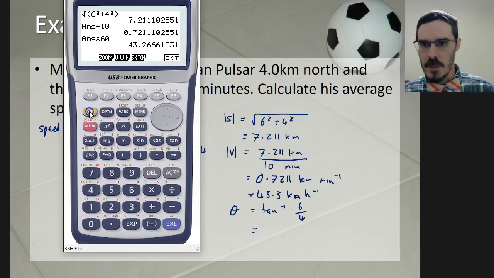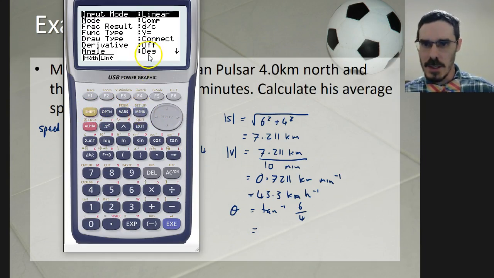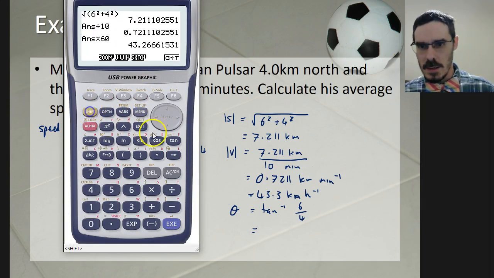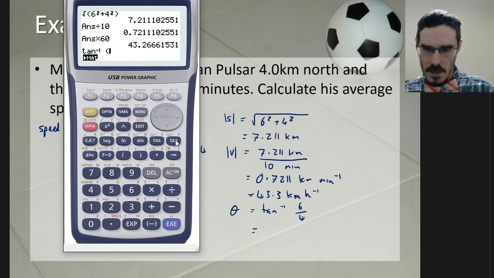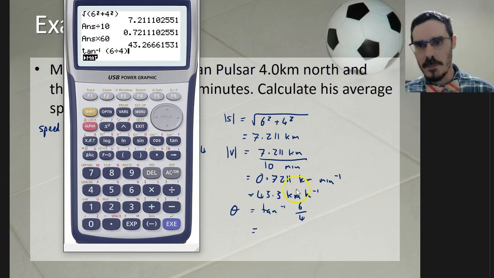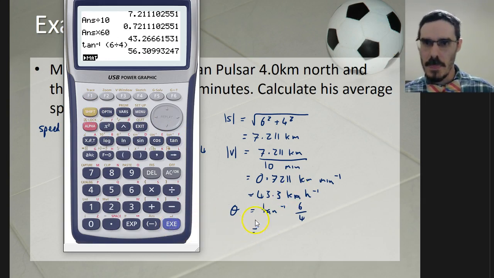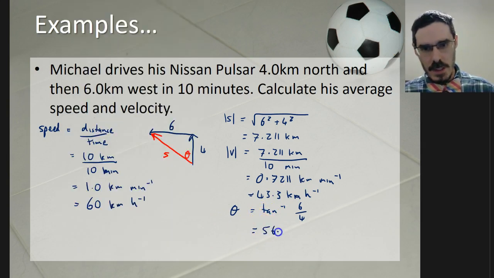Am I in degrees? I am in degrees, yes. Inverse tan of 6 on 4 is 56.3 degrees.